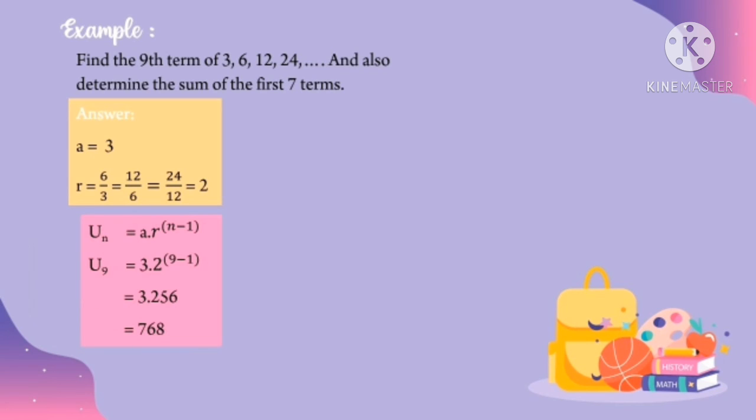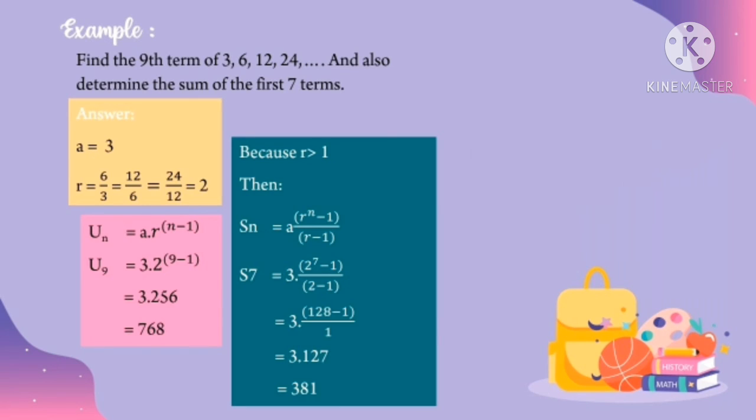So un equals a multiplied by r to the power of n minus 1, u9 equals 3 multiplied by 2 to the power of 9 minus 1 equals 3 multiplied by 256. So u9 equals 768.